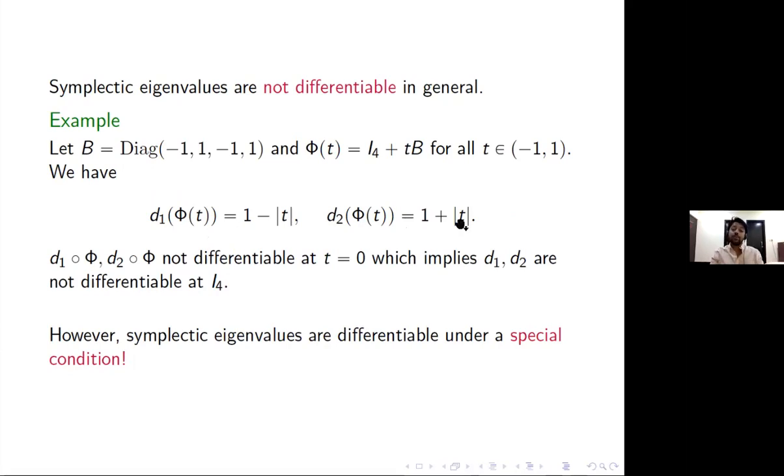We know that the modulus function is not differentiable at 0. So here is a differentiable function whose compositions with d1 and d2 are not differentiable. So d1 and d2 themselves are not differentiable, because if they were, their compositions would have been differentiable.